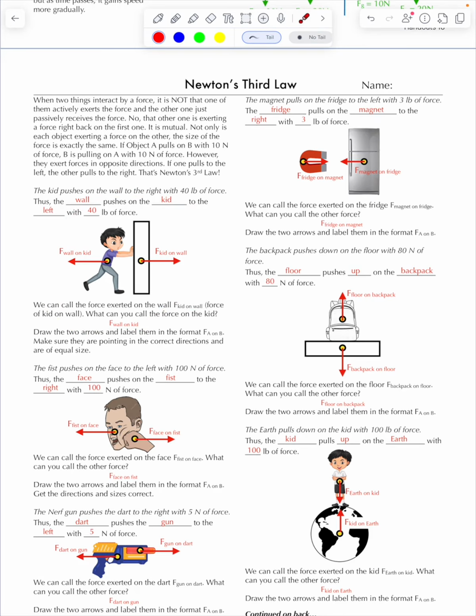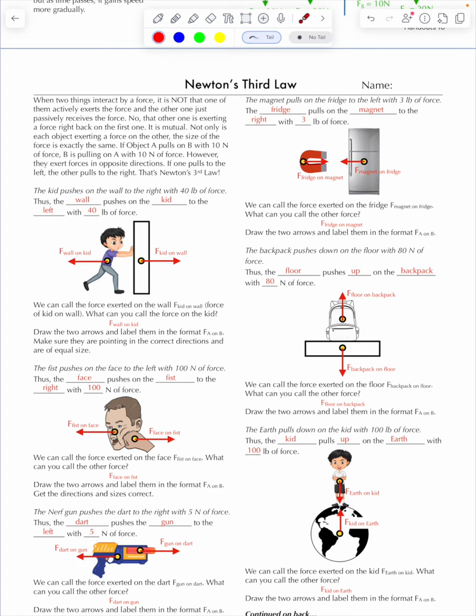Sorry. So here's a kid, and I'm saying the kid's pushing on the wall to the right with 40 newtons of force. So if the kid's pushing on the wall with 40 newtons, or 40 pounds, how hard is the wall pushing on the kid? 40 pounds. That is essentially what the third law is. The wall can't push with a different force on the kid than the kid's pushing on the wall.